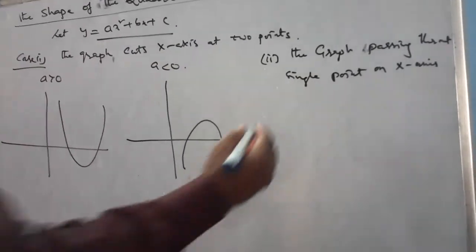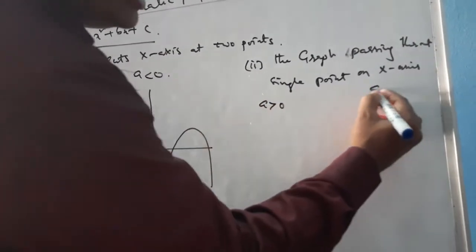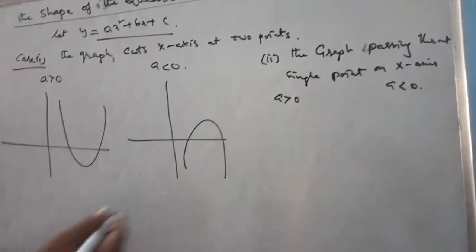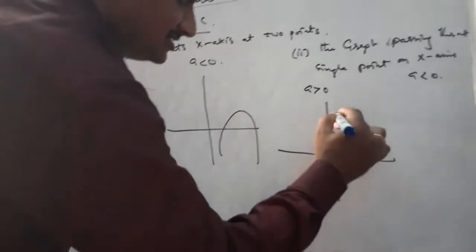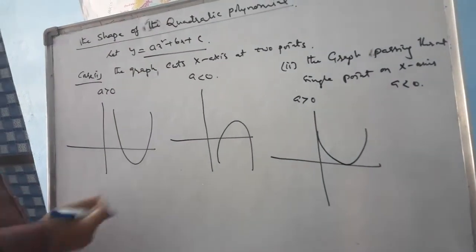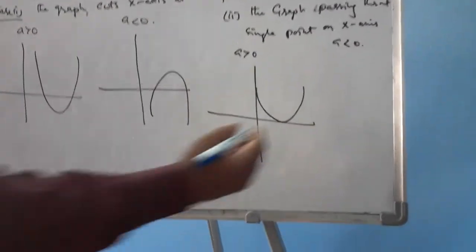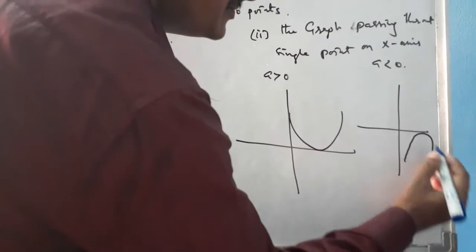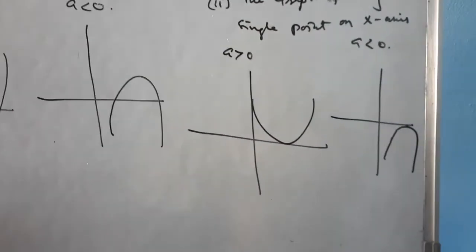So that is also two cases: one is a greater than 0, the other a less than 0. For a greater than 0, meaning a is a positive value, the graph will be like this. It touches at one point. It is a U shape. If a is less than 0, then the graph is a reverse U shape. It touches at one point.